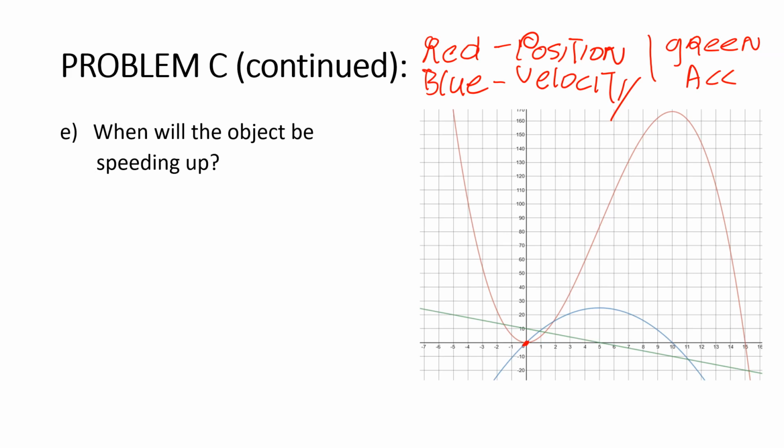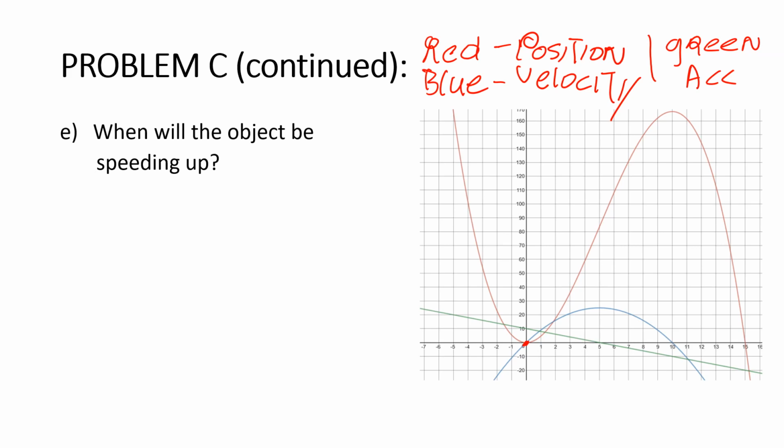At the 1 second mark, are we speeding up or are we slowing down? Look at the graphs and see if you can tell me, right at that particular point. And then we can answer why the answer is speeding up or slowing down. We'll talk about why later on.